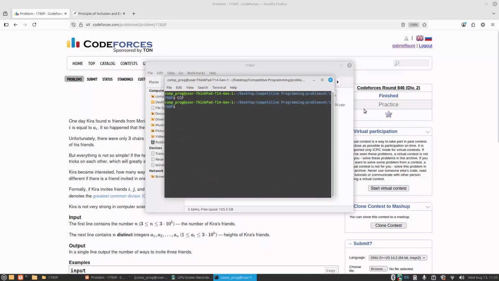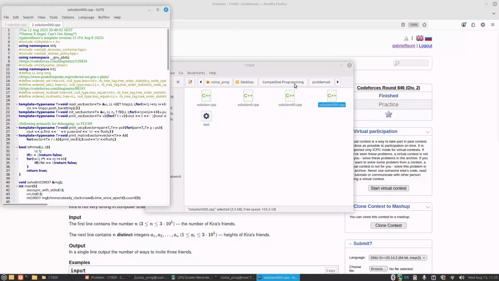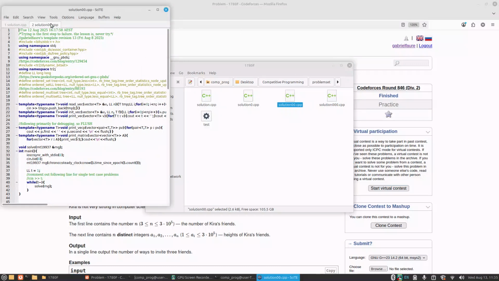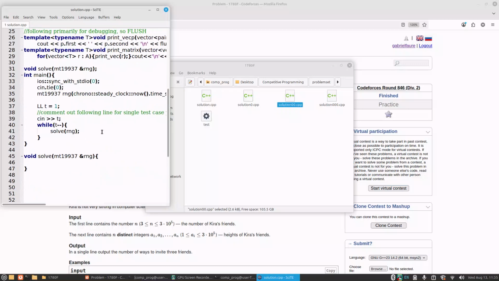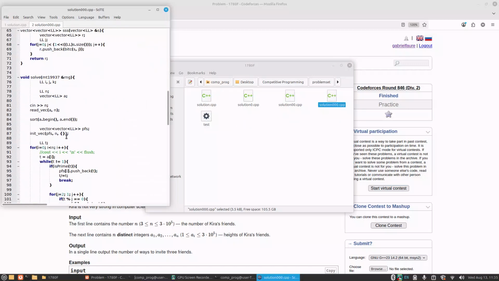Let's see. Is that the same one actually? That'd be funny. No, I think, yeah, it's the same one as this one. Yeah, let's just copy all the same stuff that we had before.